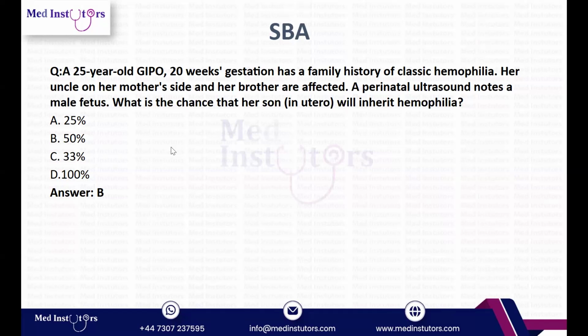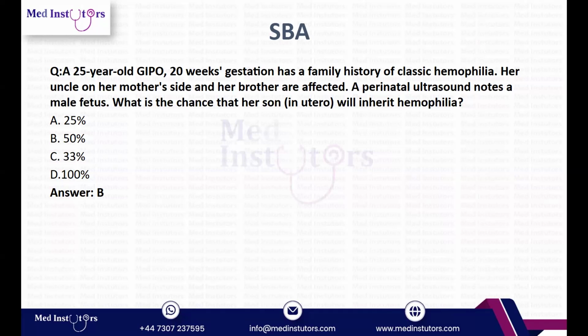But now they have added an extra point: what is the chance of a son inheriting hemophilia? Since the question is now gender specific for the son, there is a 50% chance of getting the condition and 50% of not. So B is the right answer here.